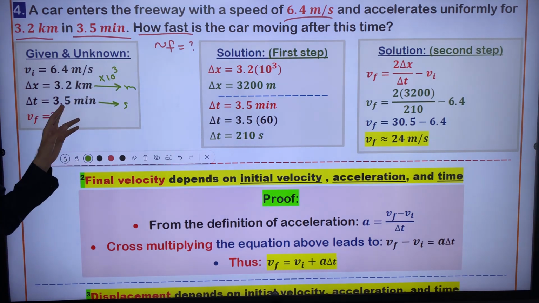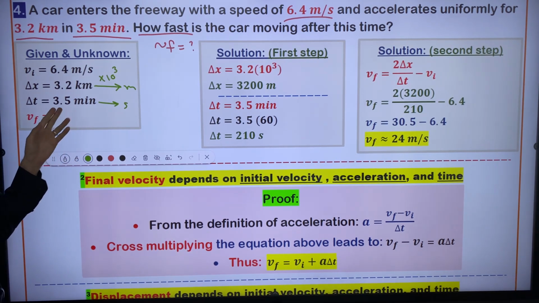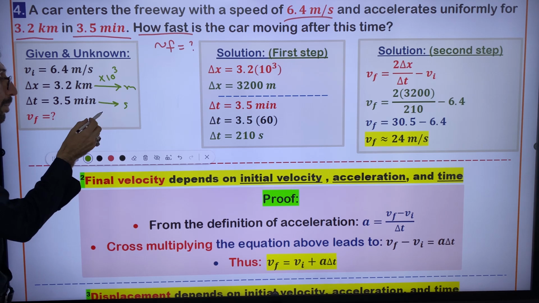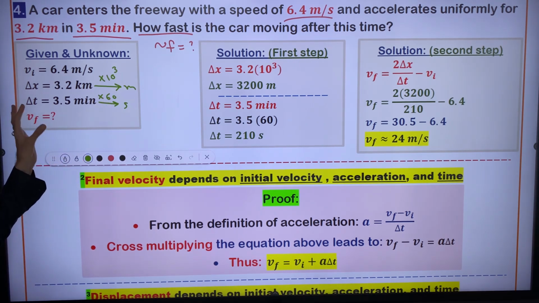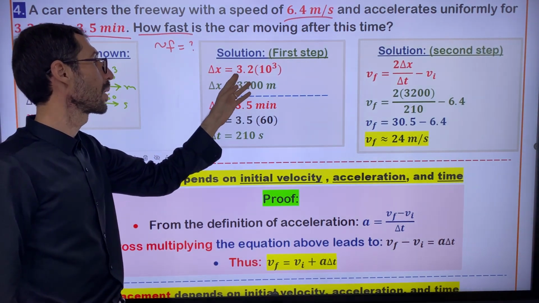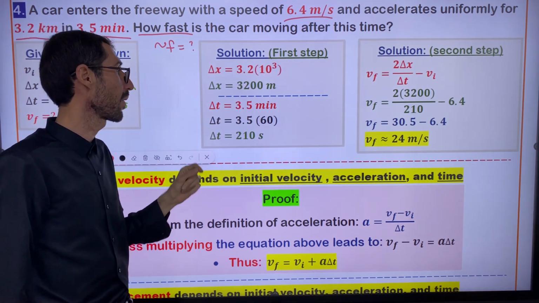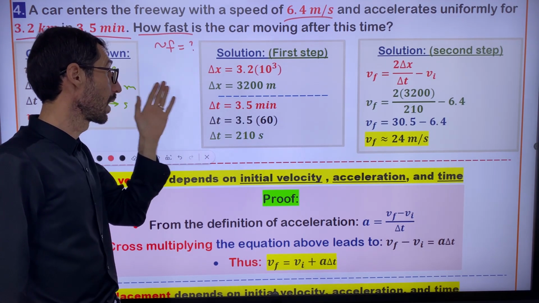For 3.5 minutes, each minute contains 60 seconds. That's why you have to multiply the number by 60 in order to get the time interval in seconds, right? Like this, delta x will be 3.2 times 10 to the power 3, and the answer is 3,200 meters.